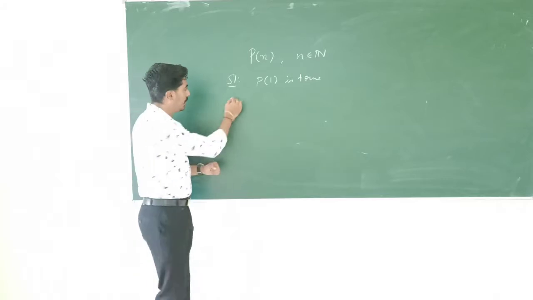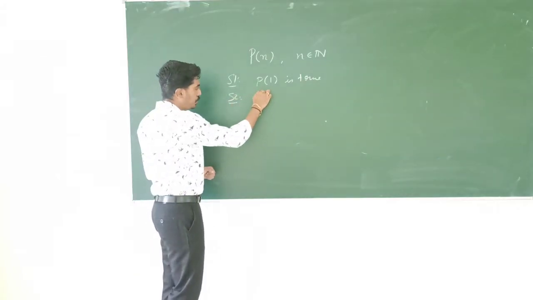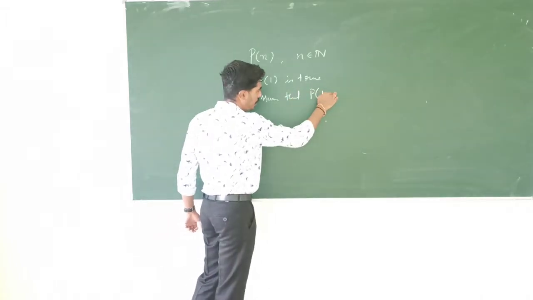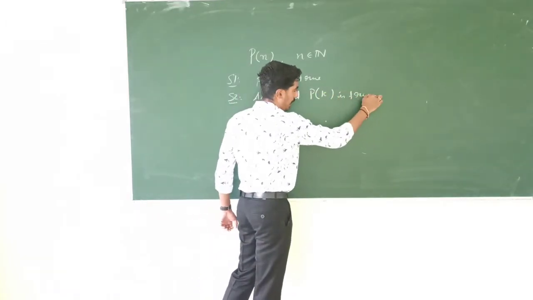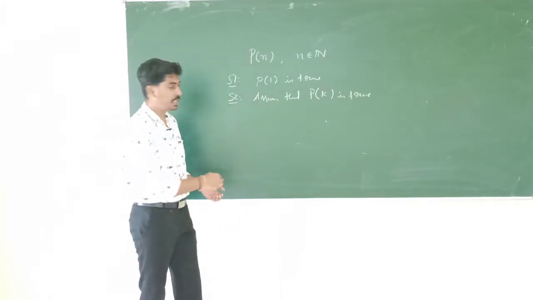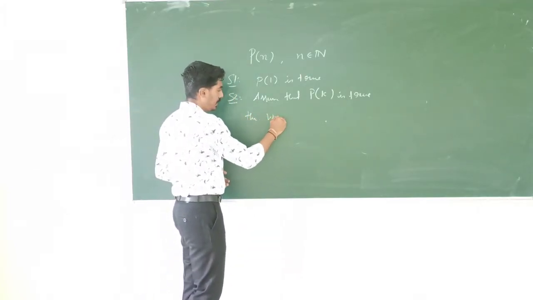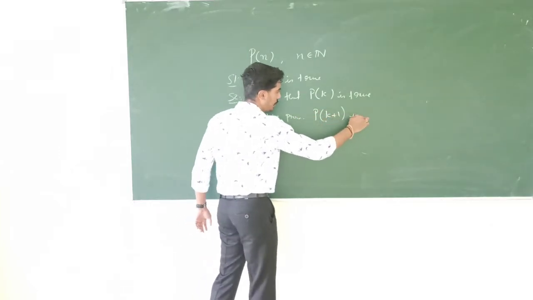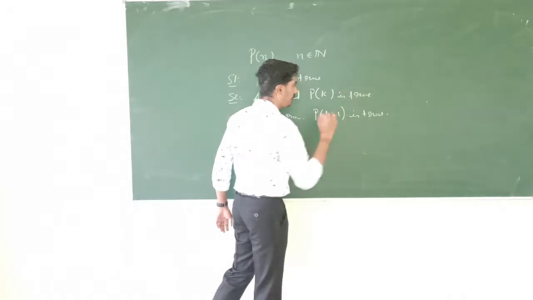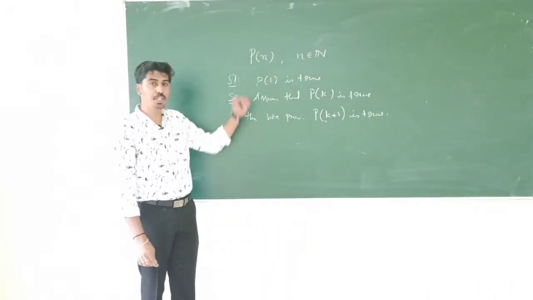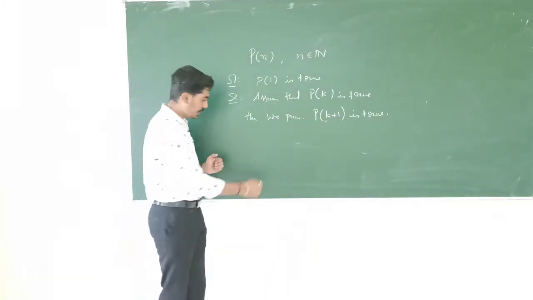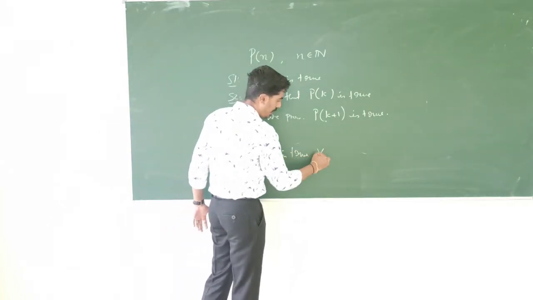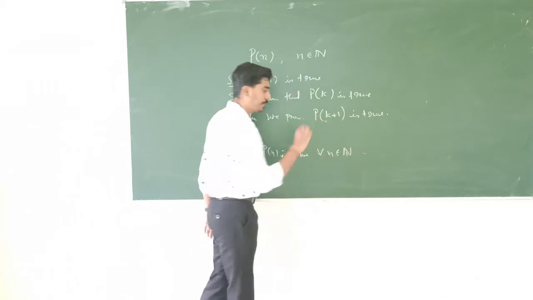And then in step 2, we assume that P(k) is true, and then we prove that P(k+1) is true. Combining these two steps, we conclude that P(n) is true for all n belonging to N.